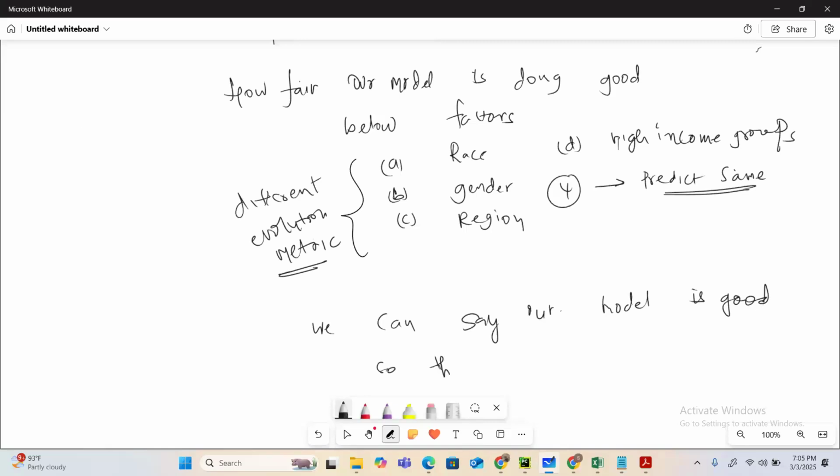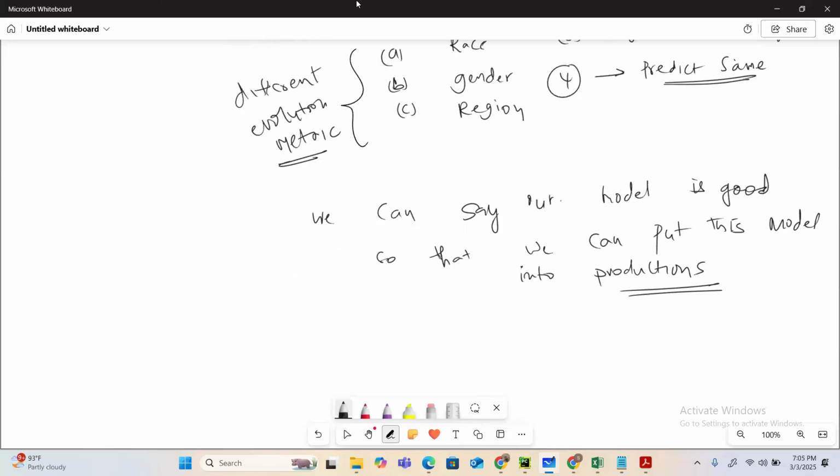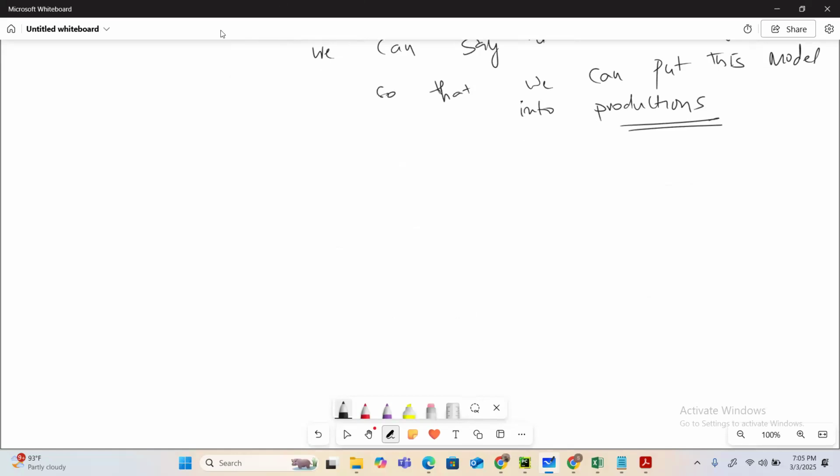So that we can put this model into production. Once in production, in the traditional way, we do deployments. In AI also we do deployment.